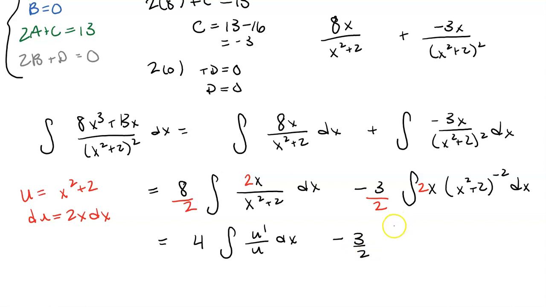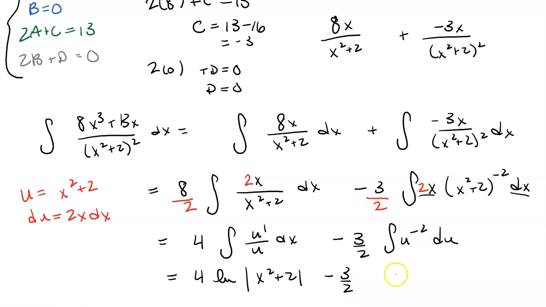And this one is negative 3/2 times the integral of u to the negative 2 du, because this would be my du. So I get 4 times the natural log of the absolute value of u. Let's just go ahead and plug that in, which is x squared plus 2, minus 3/2 times u to the negative 1 over negative 1, so negative 1 over u.